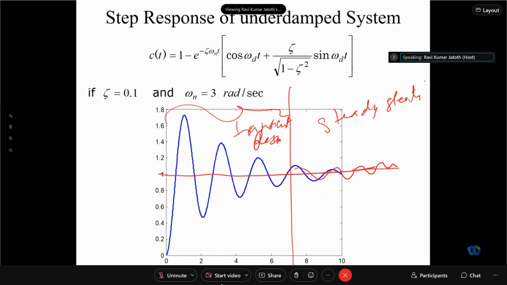The total time response of any system is transient, meaning initially it will be changing its response, and it will be staying within a given range. It's called steady state response.